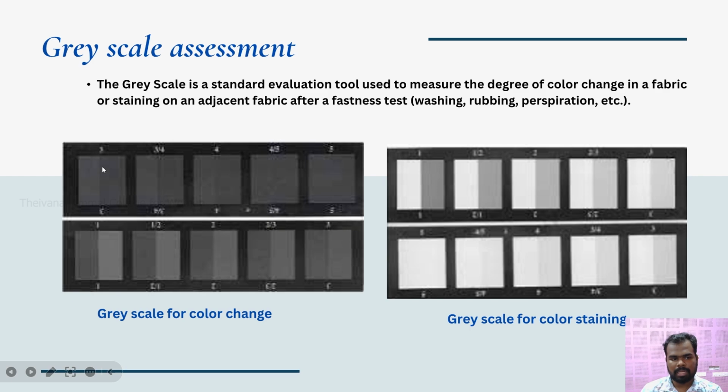With this we conclude the rating or value of the tested specimen, like 1-2, 2-3, 3-4, 4-5, with values at every step. So this gives you an exact value of color change.